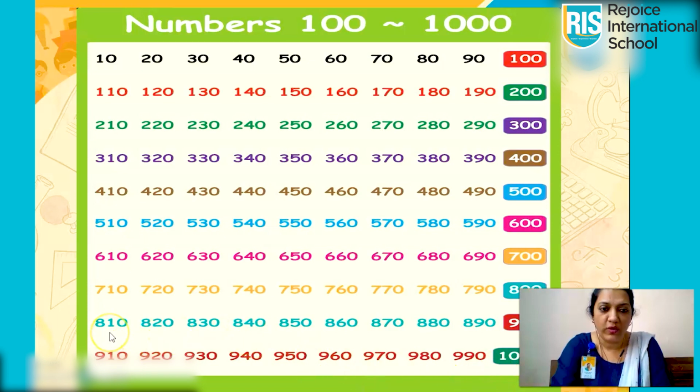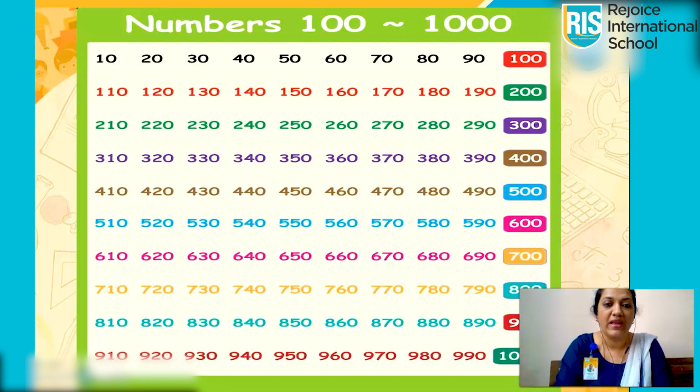Earlier, what we had written in the slides were from 800 up to 1000, but we had written in detail like a number chart, like 801, 802, 803 and so on.